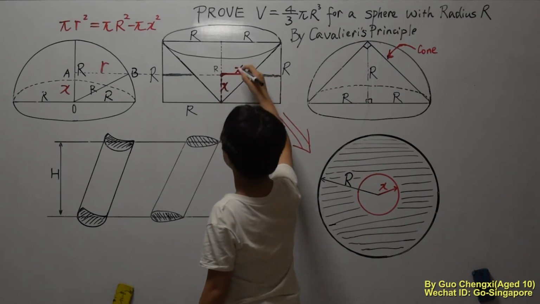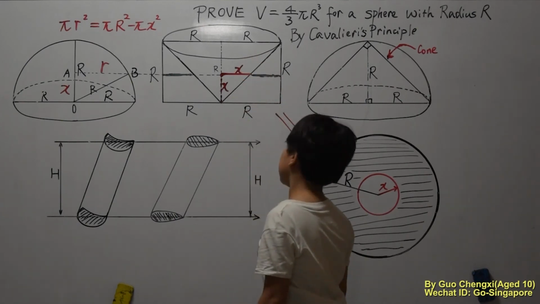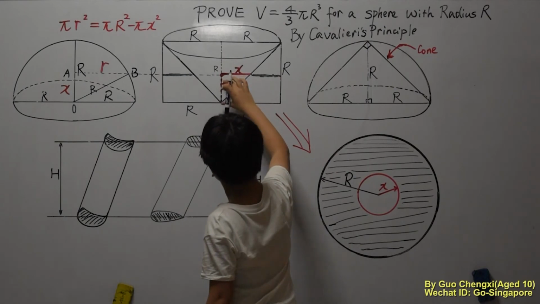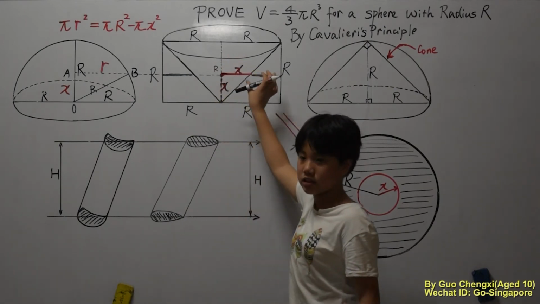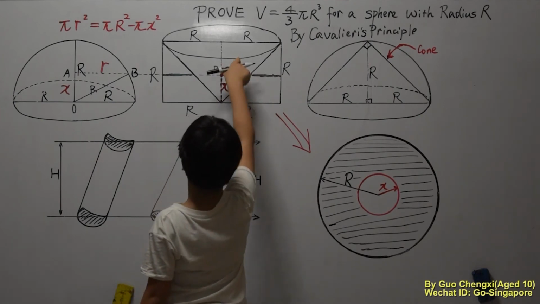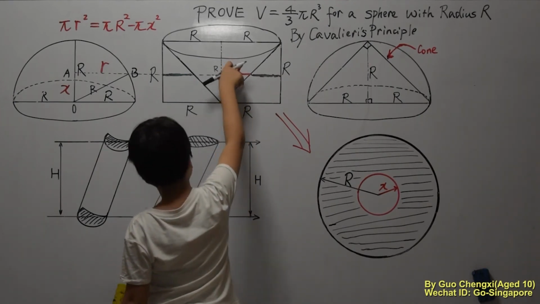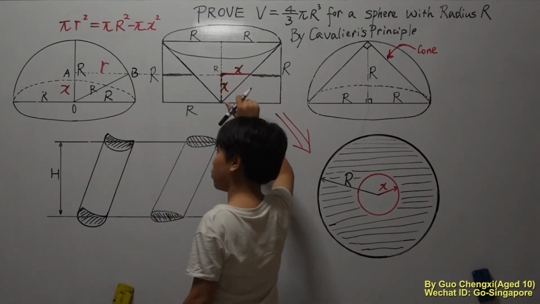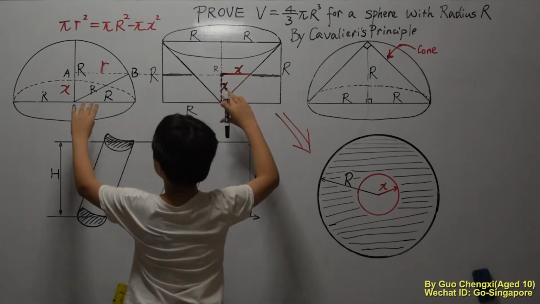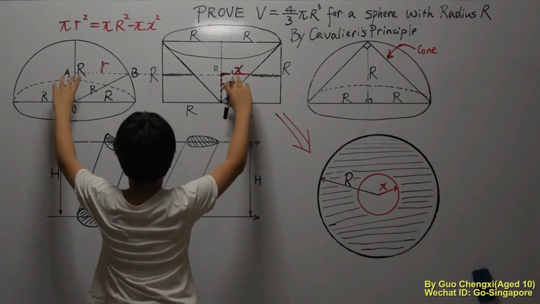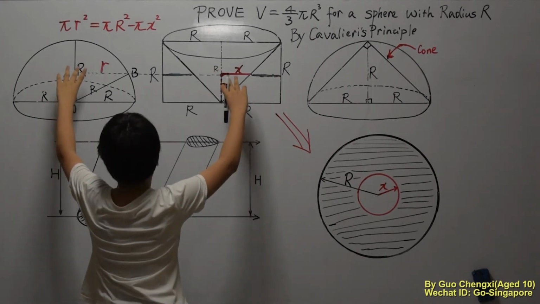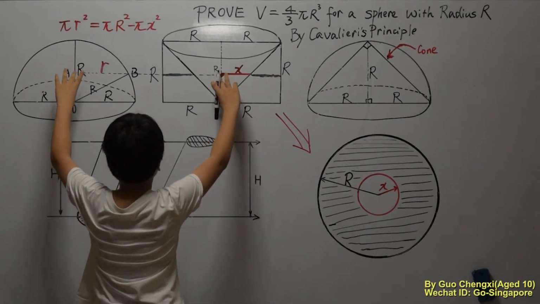So this is X, and these two are similar, so here is X, here is also X. So you basically know that these two are equal. Let us take these two parts to be the same, so these are both X.